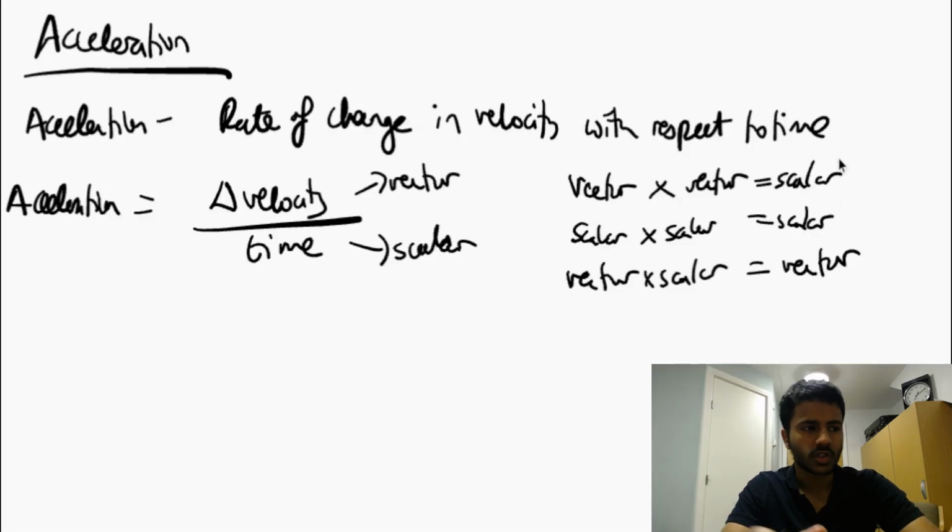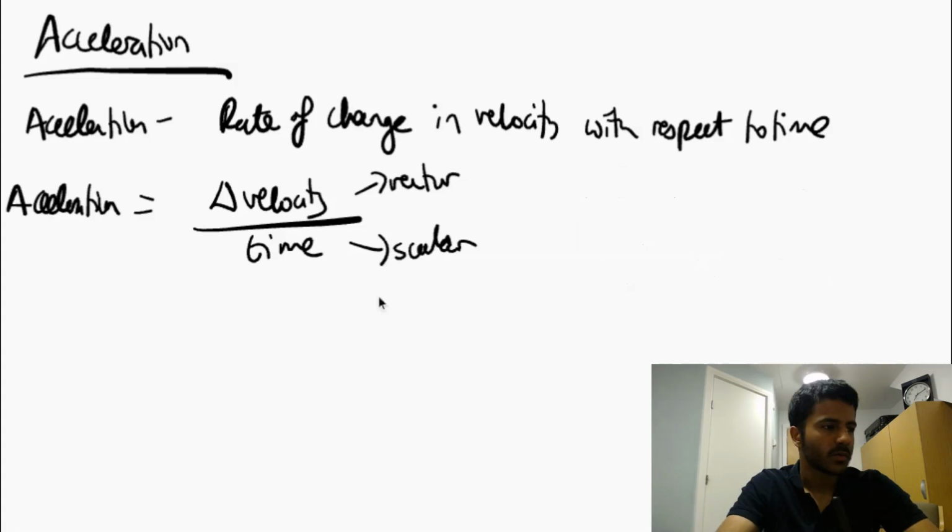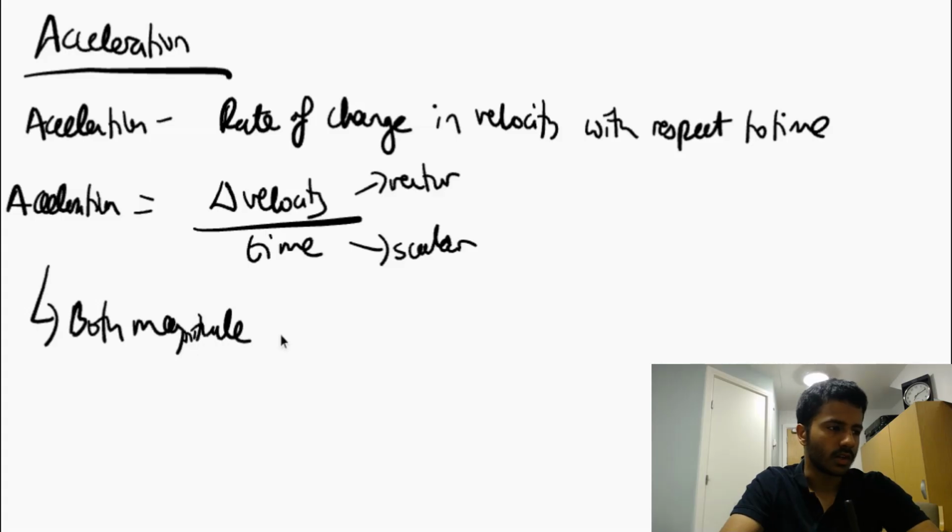So you can almost assume that vectors are a negative quantity, scalars are a positive quantity. So if you times a negative number by a negative number, you get a positive number. Positive by positive, you get positive. And a positive by negative, you get negative. So this means that acceleration has both magnitude and direction.